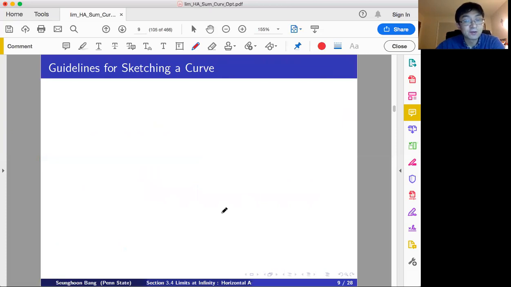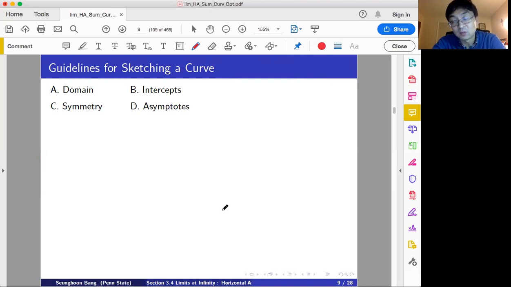The guideline for sketching a curve. First, find the domain. Second, find intercepts. You need to find the y-intercept and the x-intercept. The third, check symmetry. The next one, find asymptotes: vertical asymptotes, horizontal asymptote.